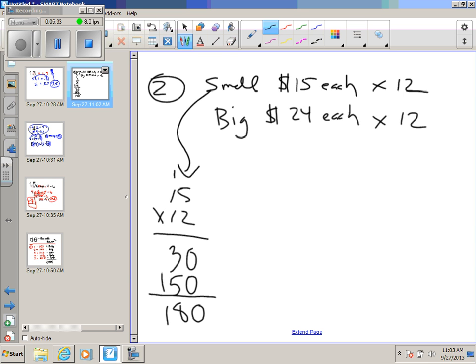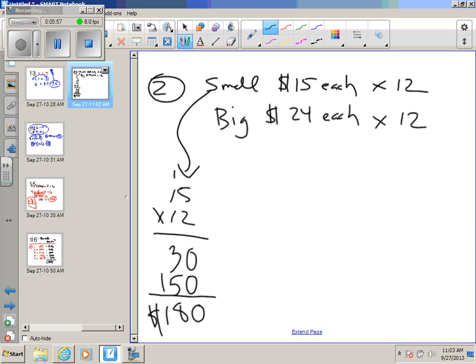He says that the cost for all the banners in the boxes is $78. Right. How much do I say just the small box costs? 180.